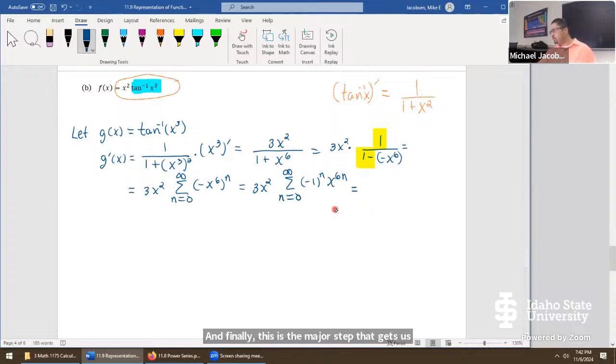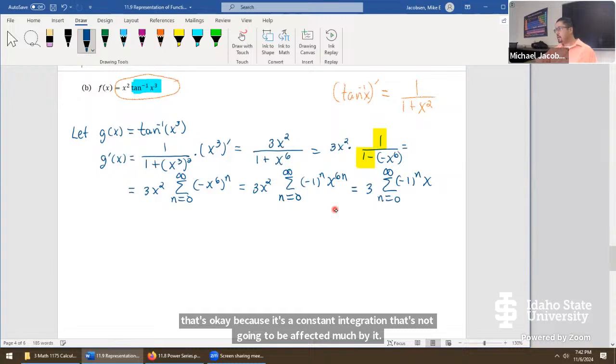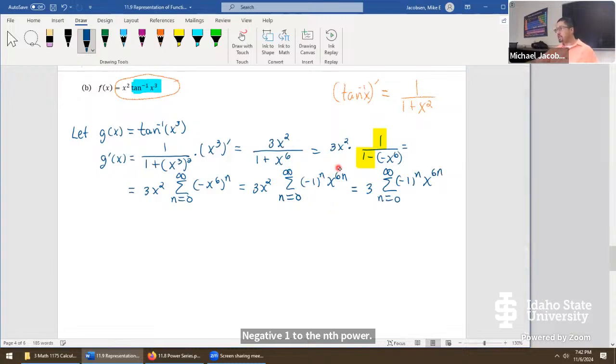We'll leave the 3 there. There's no base to throw it into. But that's okay because it's a constant. Integration is not going to be affected much by it. Negative 1 to the nth power, and x to the power of 6n gets increased by plus 2 coming from the x squared. And so there it is in its most simplified form, ready for integration in our next step.